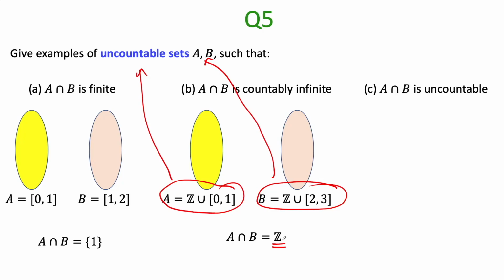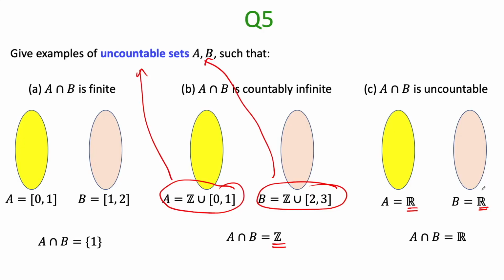In part C, you are supposed to give uncountable sets A and B whose intersection is also uncountable. A very simple example could be to take A and B to be the same uncountable set. If I take the set A to be the set of real numbers and the set B also to be the set of real numbers, both of them are uncountable, and clearly A intersection B will be set A itself, which is the set of real numbers and is also uncountable.